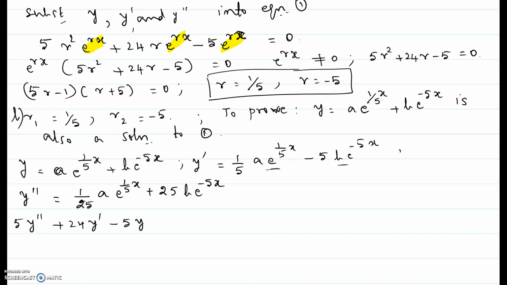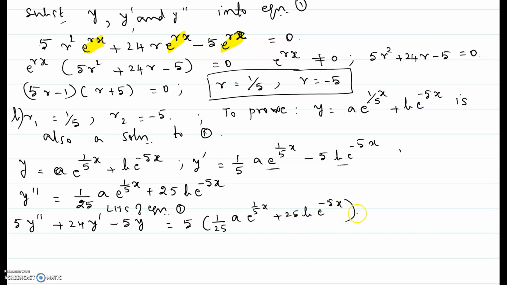We are considering the left hand side of equation 1 for the new value of y. So it is 5 times the y double prime, which is 1 over 25 times a e to the 1 over 5x plus 25 times b e to the negative 5x.